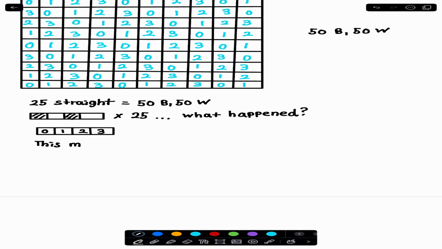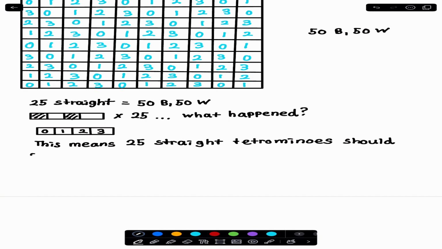What does this mean? Well, theoretically, hypothetically, 25 straight tetraminos should cover 25 squares of each color.